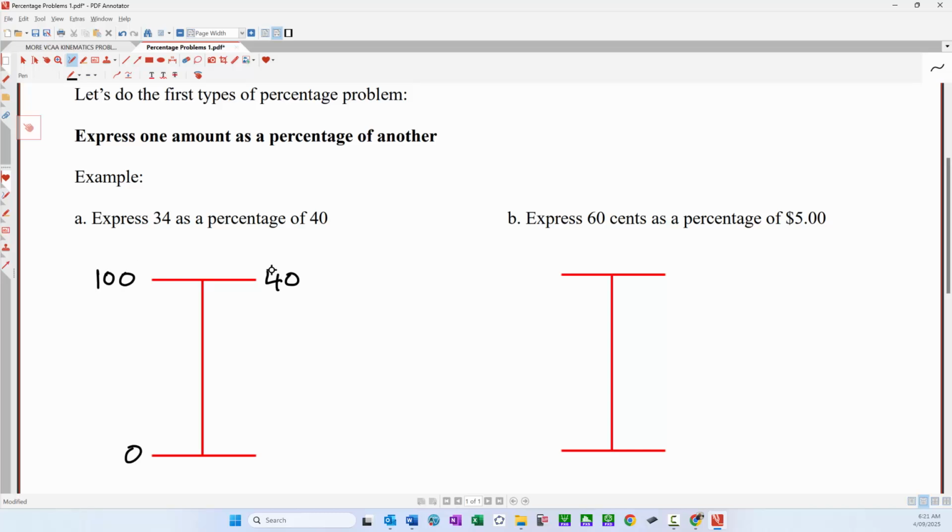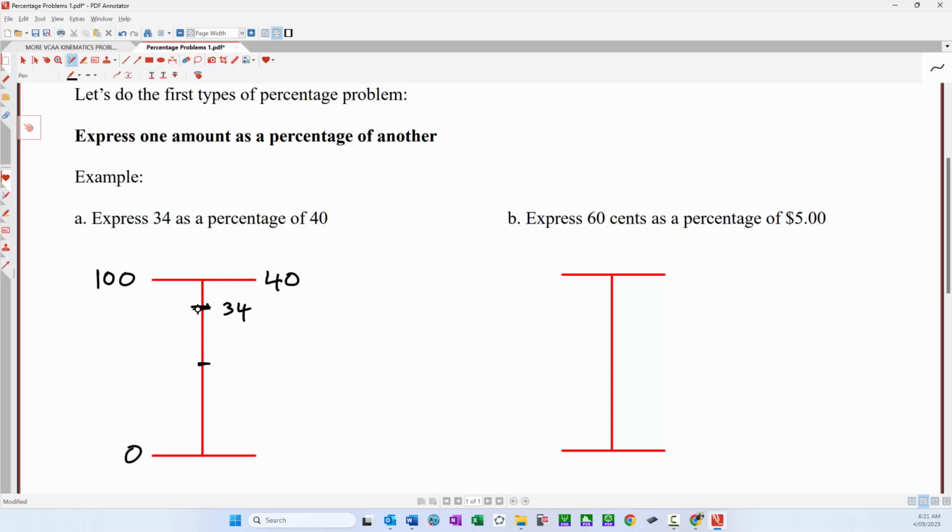Now, what we know is that 50% would be in the middle, and that would be 20. So 34 is going to be somewhere up here, and I don't quite know where, but I'm going to pop it there because that seems roughly appropriate.